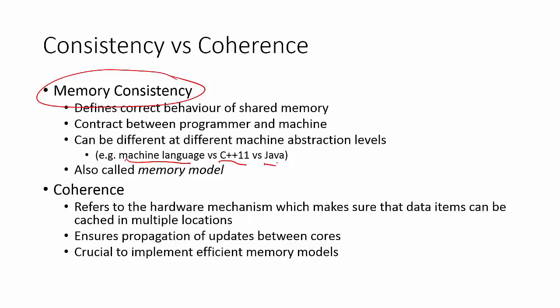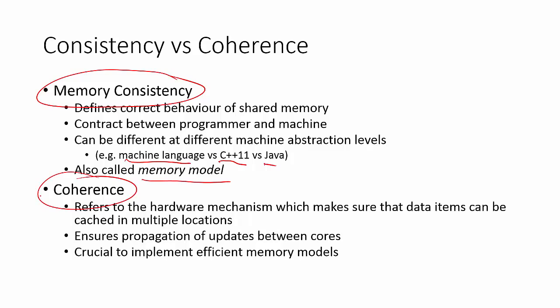This means that the compiler, runtime systems and Java virtual machine have to make sure that they implement the memory model of the language, irrespective of what kind of model the hardware provides. So memory consistency is also called a memory model.